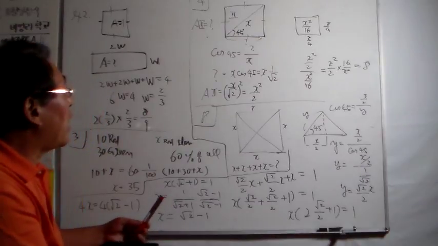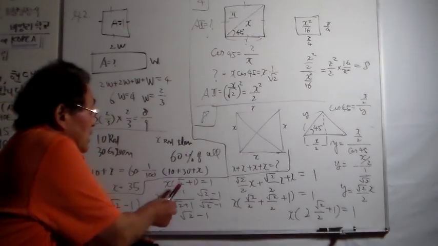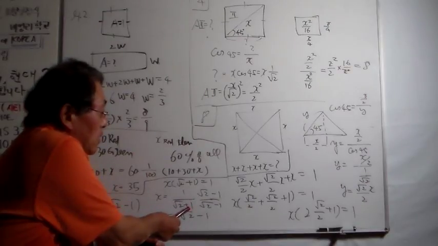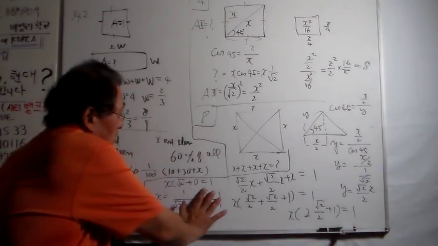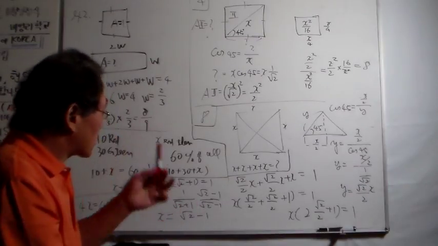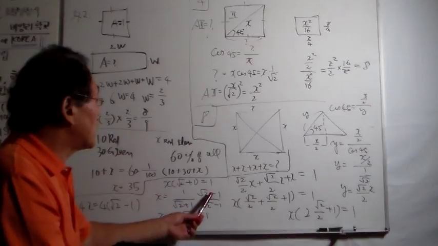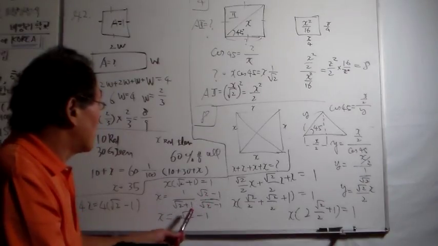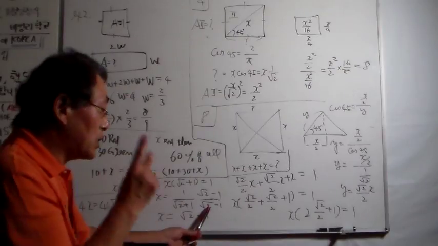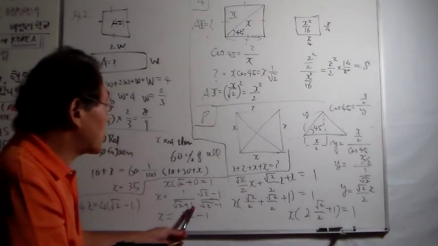We're looking for x. So x is 1 over root 2 plus 1. To make it simple, we multiply by root 2 minus 1 upstairs and downstairs. The denominator is root 2 squared, which is 2, minus 1 squared, which is 1.